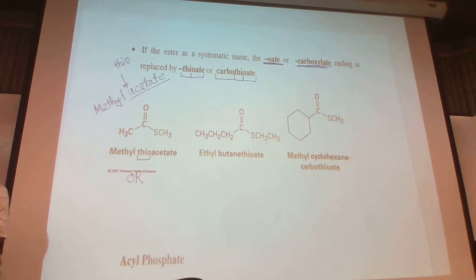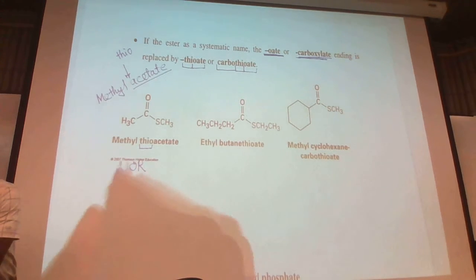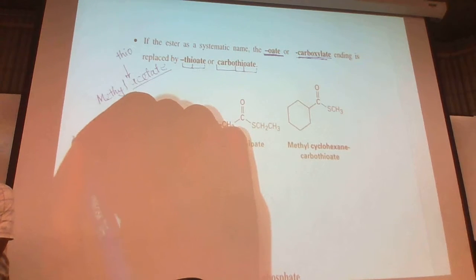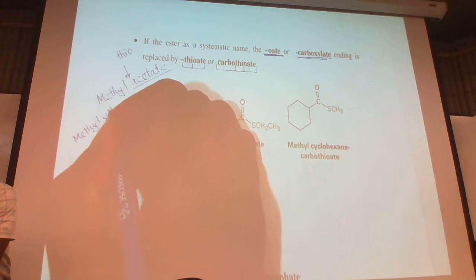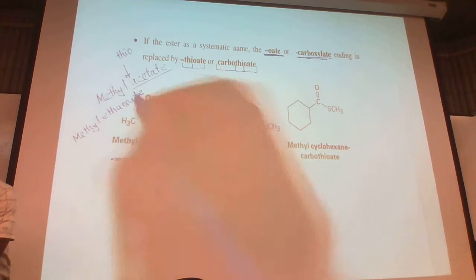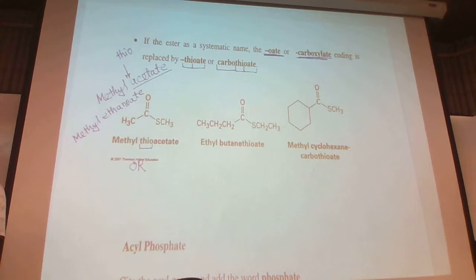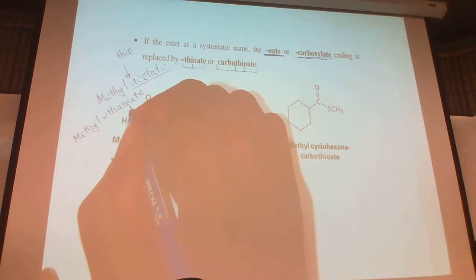But if you want to use the systematic name, this will be from methyl ethanoate. So that's the systematic name. The rule says you're going to add thio before the -oate.